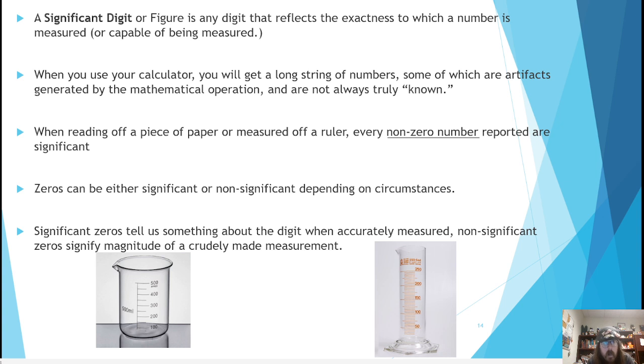Now, when I use my calculator, if I divide 1 by 7, I'm going to get a long string of numbers. Some of these are artifacts that will be generated by the mathematical operation, and will not truly be known. Just because your calculator punches out a number does not mean it is measured with the correct degree of exactness.